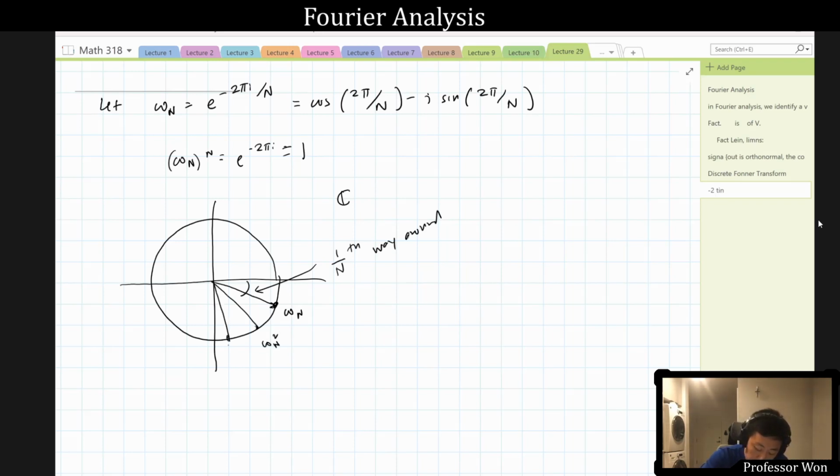Here's omega n cubed, dot, dot, dot. Here's omega n to the n minus 1. And then omega n to the n is just 1. So omega n is just the first clockwise point if you distributed n points uniformly around the unit circle in the complex plane. You would call this one of the primitive capital nth roots of 1, or capital nth roots of unity, as people sometimes say. If you see that, that's what that means.